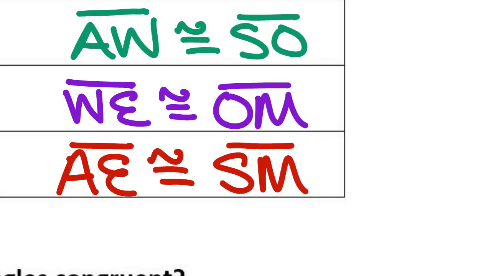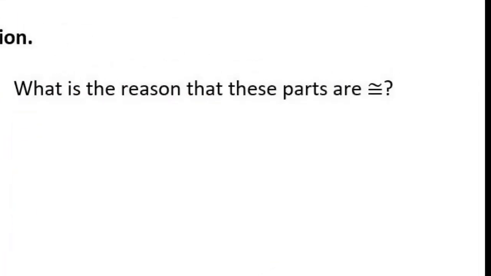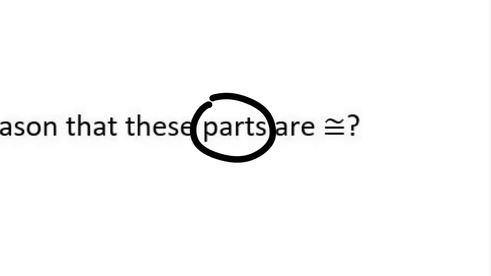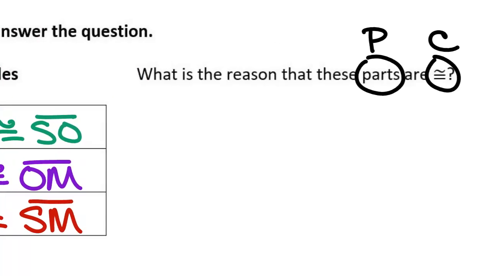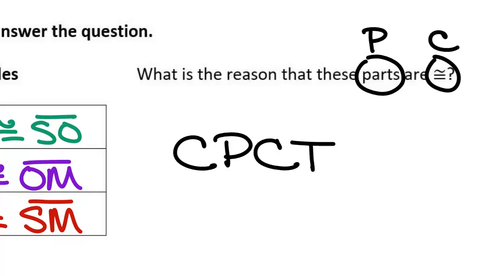What is the reason that these parts are congruent? They're giving us a little hint here. Parts. What kind of parts do we call these when we match them up? Corresponding. These are corresponding parts of congruent triangles.